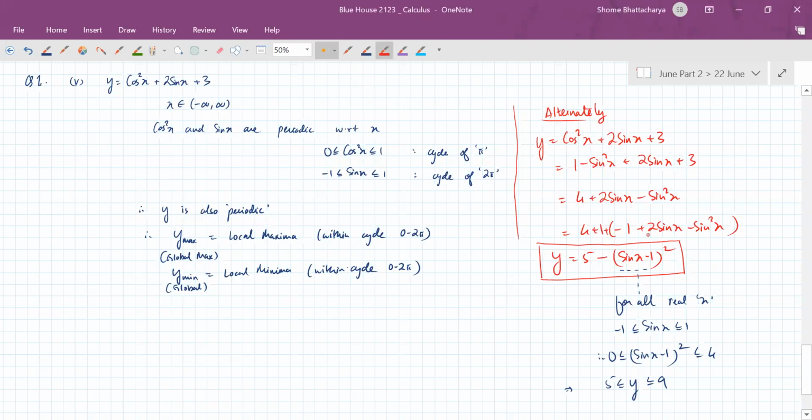This is 5 minus of, so we can write this as 4 plus 1 minus like this.